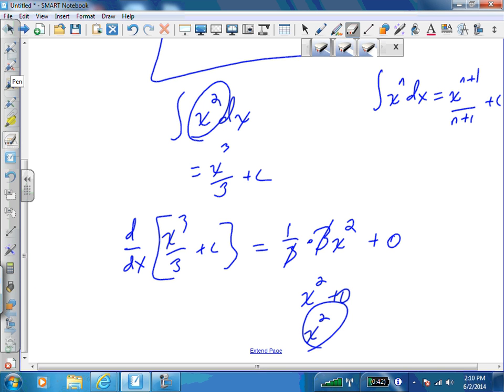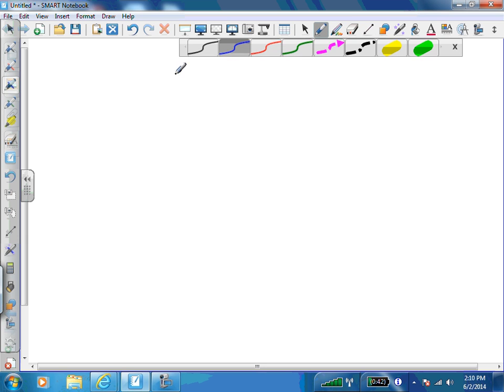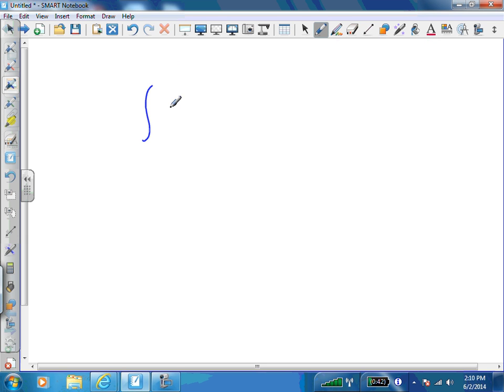That will work with any function that has x to a power. Unless that power is x to the negative 1. Because notice what happens.